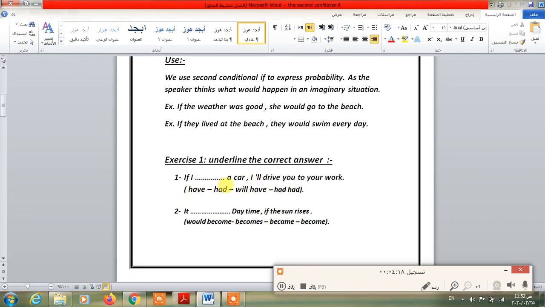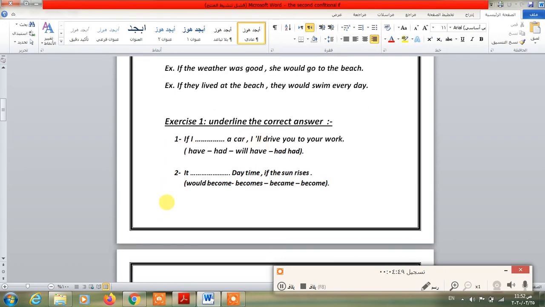If the sentence were I would drive you to work, we would use had. But here I have future, so I use the present of have. If I have a car, I will drive you to work. That's the first conditional if.